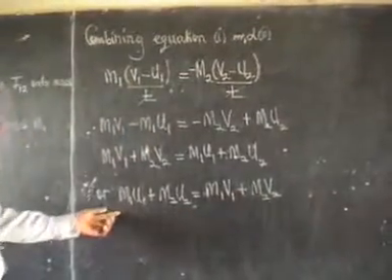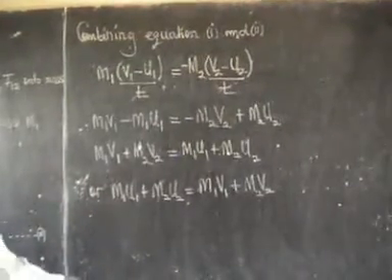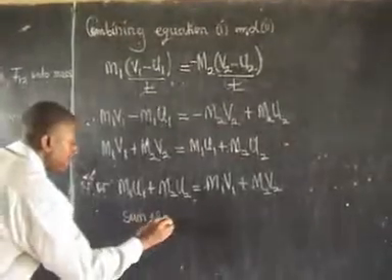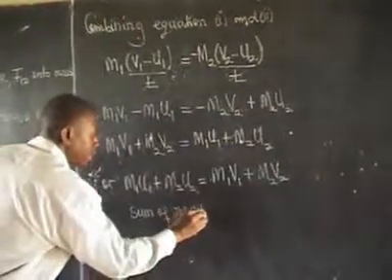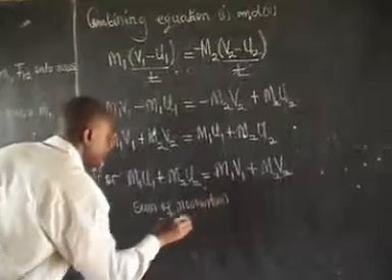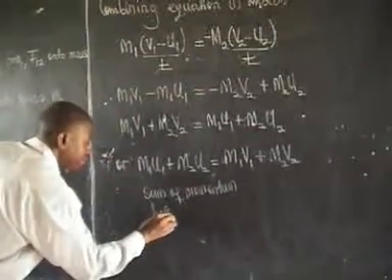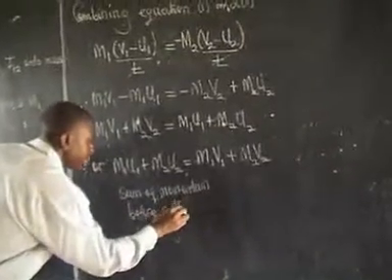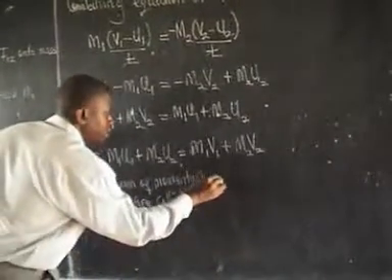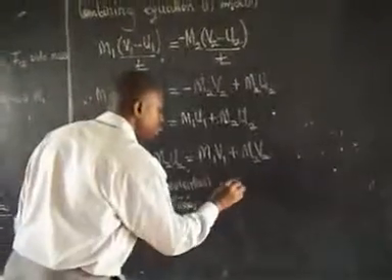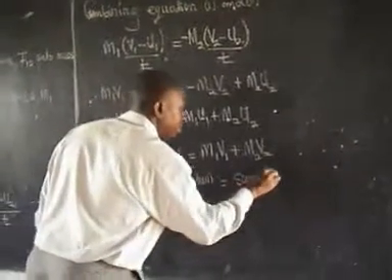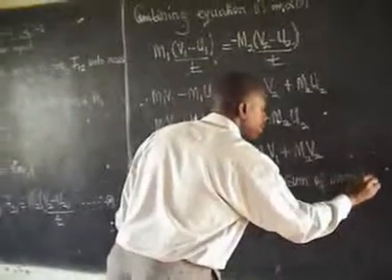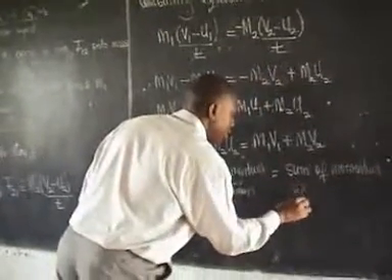Now this is actually the sum of momentum before collision, and this is equal to the sum of momentum after collision.